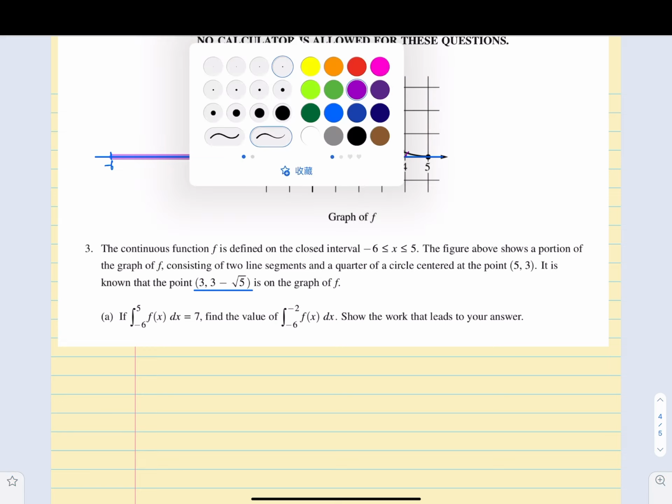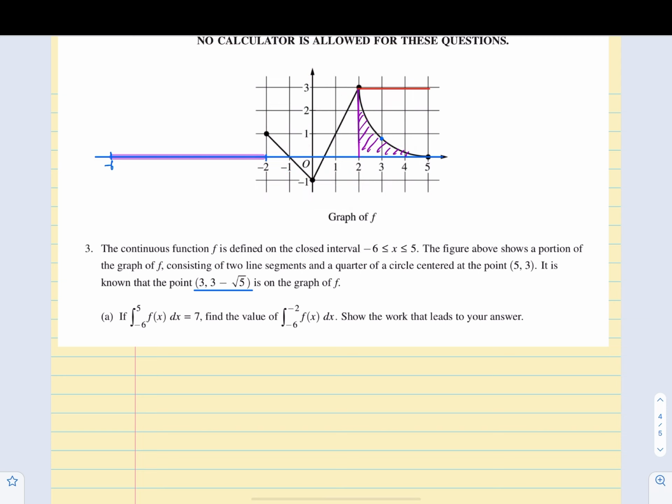Let me change the color. We can use the square minus this, make it look better. I think it should look like this, yeah, make it more perpendicular to each other. So use the whole square minus this quarter of the circle's area.